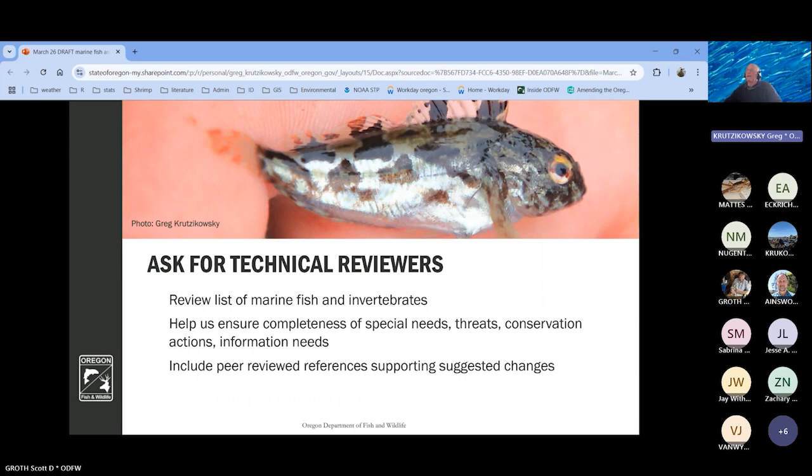So just know that when we actually get it online, it'll be more similar to what you see now on the conservation strategy website, where there's a species page that lists all of those salmonid runs, and then you go to each particular one, and it has the ecoregions there. So don't be confused by that. Next slide, please.